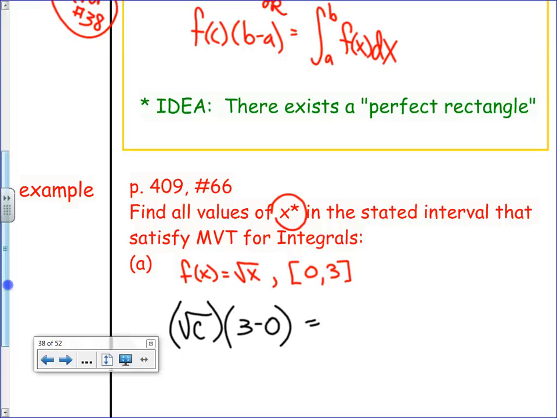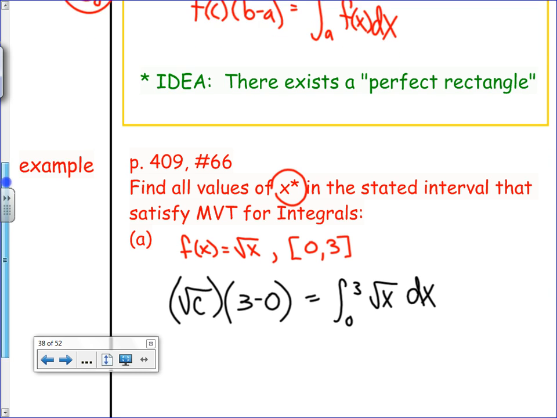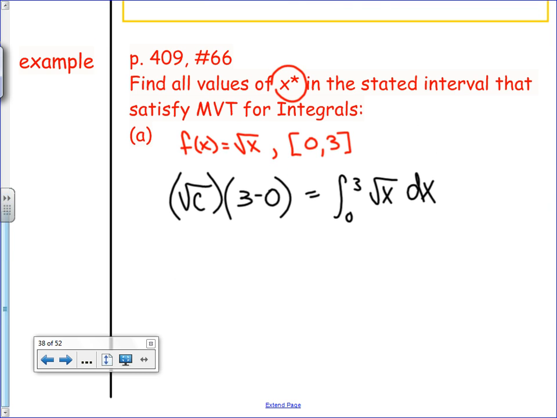Here's a special height. Here's the overall base. Has to equal the integral. What part of this do I still have to do to be able to solve? Yeah, integrate that thing, right?